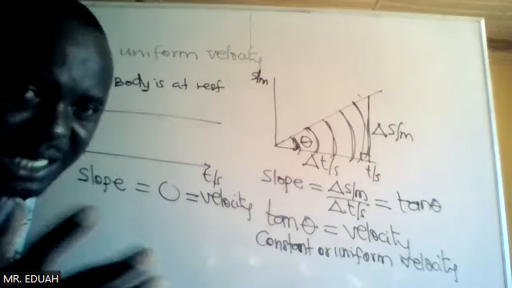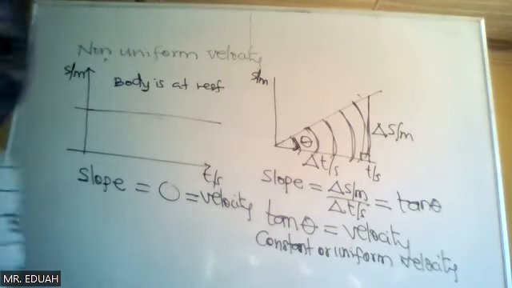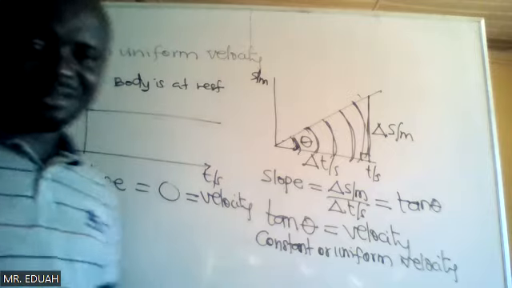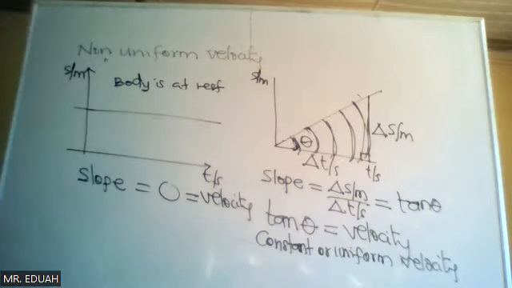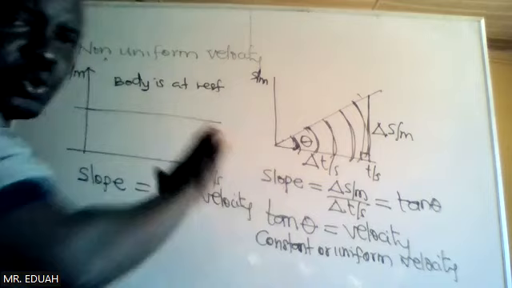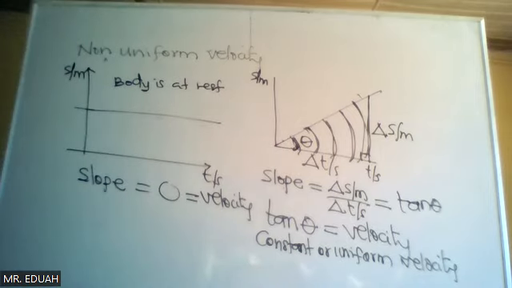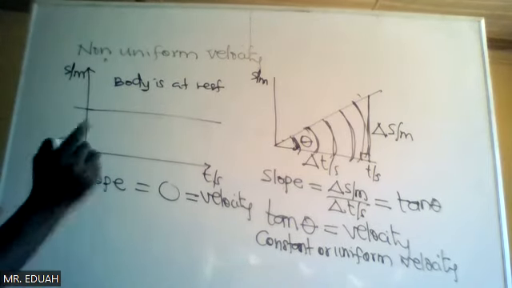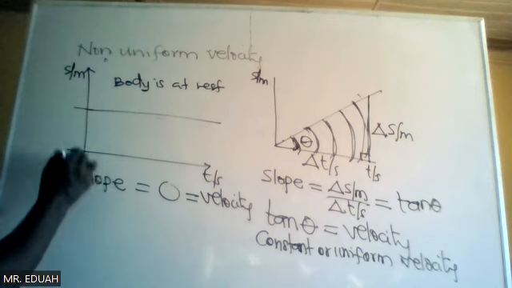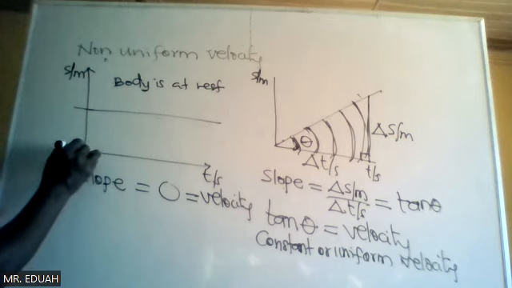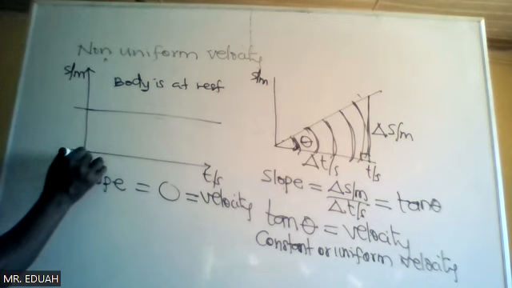If the slope is 0, then the body is stationary. Another way to understand this: a body starts motion at t equal to 0.